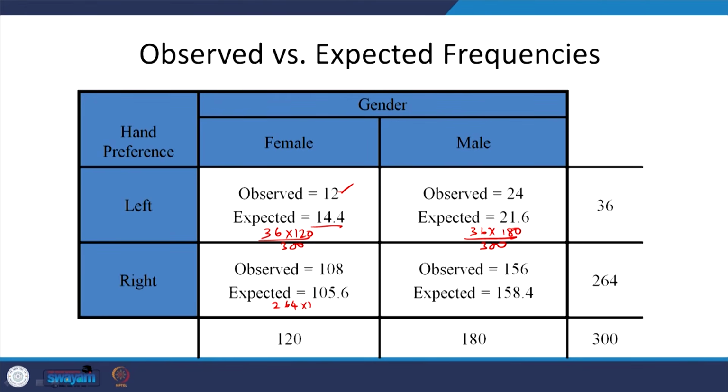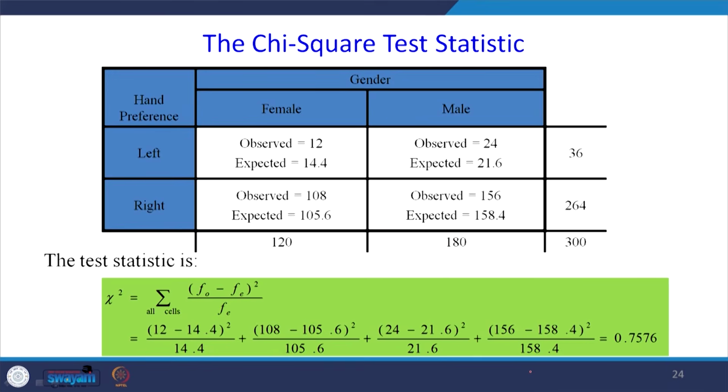The same way here: 264 multiplied by 120 divided by 300, and here 264 multiplied by 180 divided by 300. So we get a value for each cell. Next, we find the observed frequency minus expected frequency, whole squared, divided by expected frequency, summed.